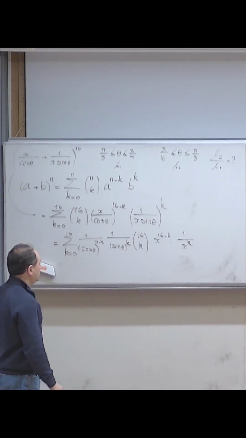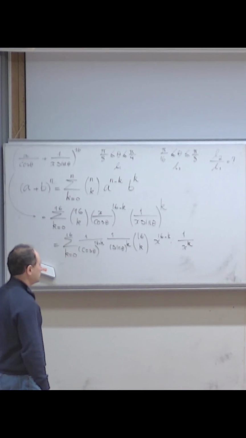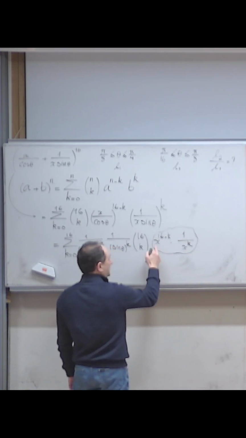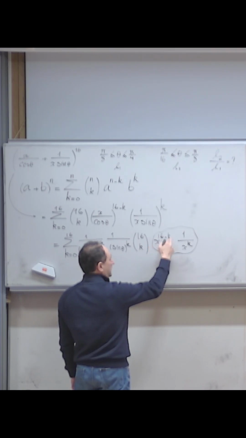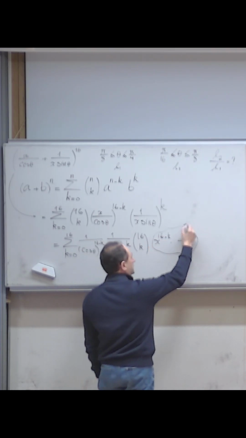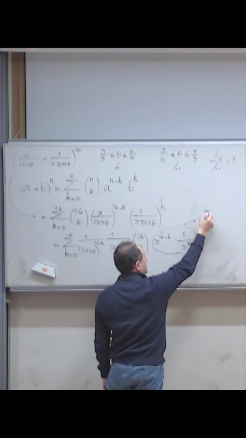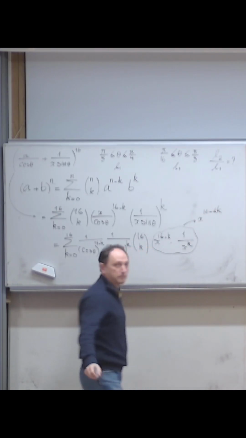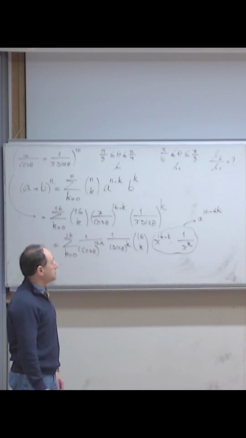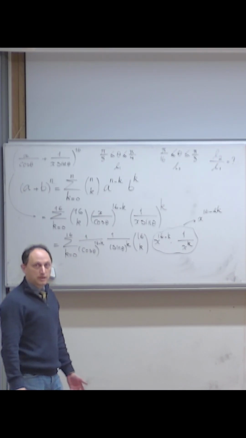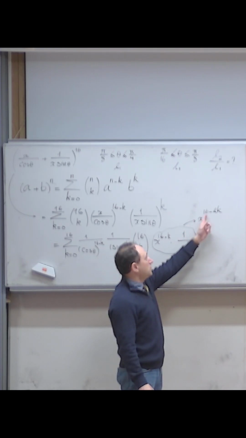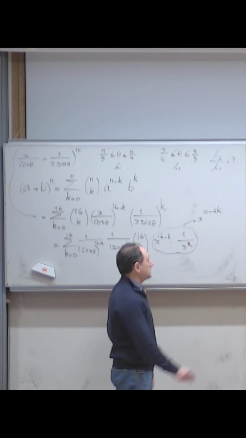Okay, so let us see what we can do now. Here I can simplify this expression a little bit. So here x to power 16 minus k is divided by x to power k, so it becomes x to power 16 minus 2k. But because I am discussing the term independent of x, I have to put the exponent equal to 0.